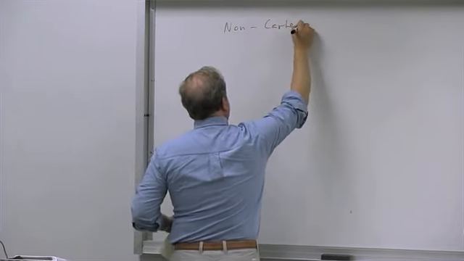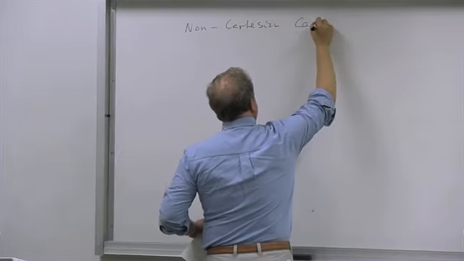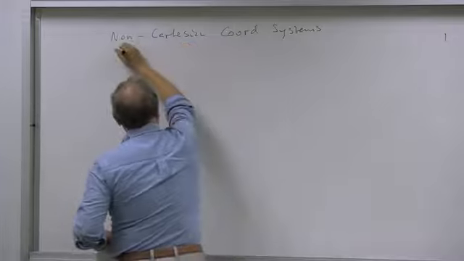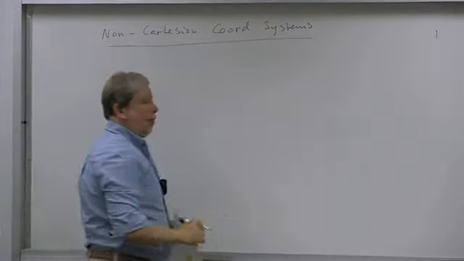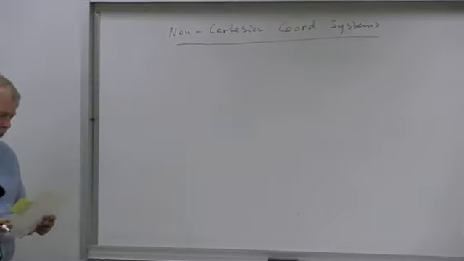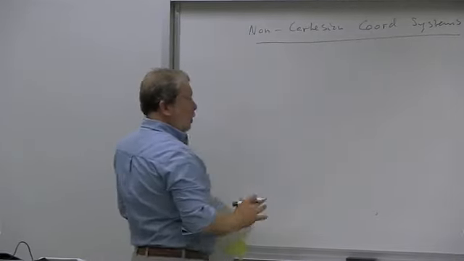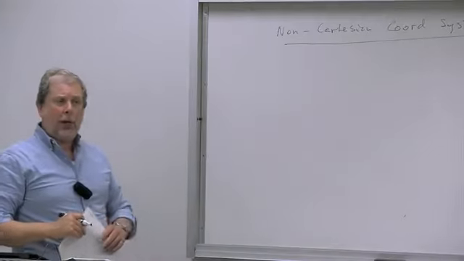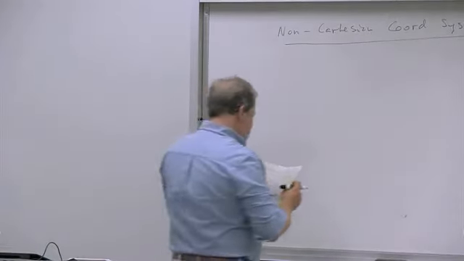So let me talk about non-Cartesian coordinate systems. I think we are going to learn a little bit about the physics as well by just looking at these simple examples. The simplest one is, of course, the spherical coordinate system, because we're all familiar with it and we basically know all the answers, right?